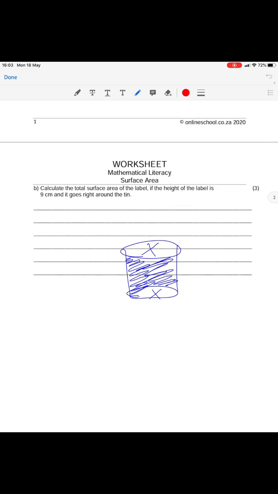All you're going to do is calculate the circumference of the prism, which is 2 pi r, and you're going to multiply that by the height of the label to work out this total surface area, excluding the base and the lid. So the 2 pi r is the circumference of the base, and then you're going to multiply that by the height of the can, and that will give you the area of the label.